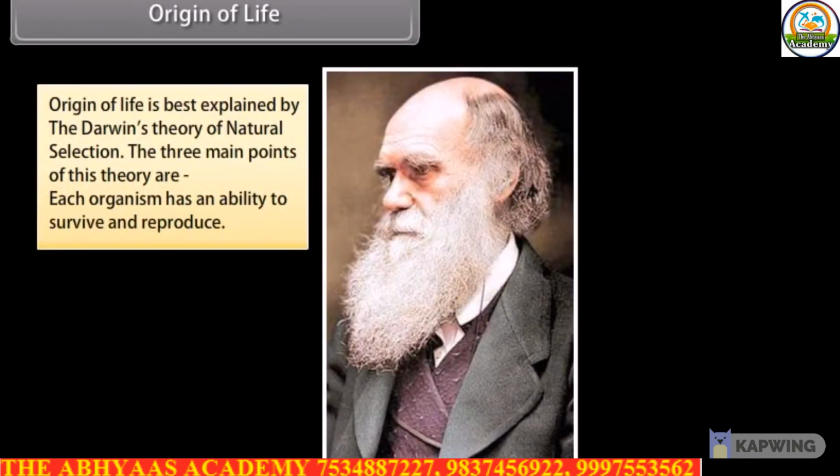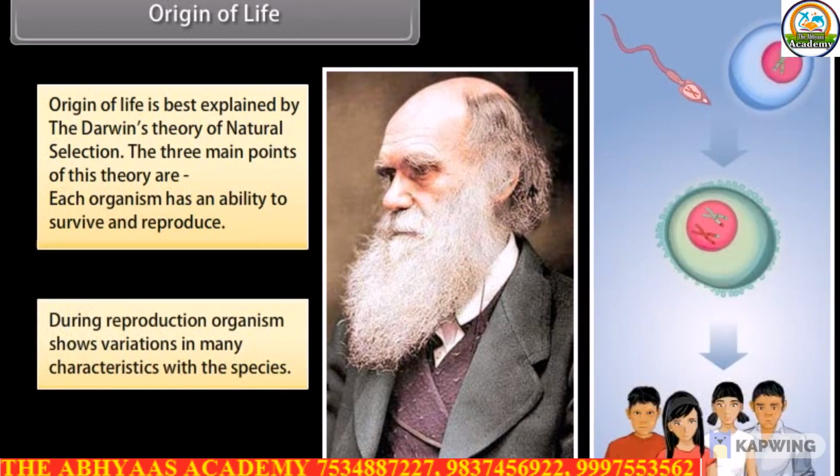Origin of life. Origin of life is best explained by Darwin's theory of natural selection. The three main points of this theory are: each organism has an ability to survive and reproduce. During reproduction, organisms show variations in many characteristics within the species.